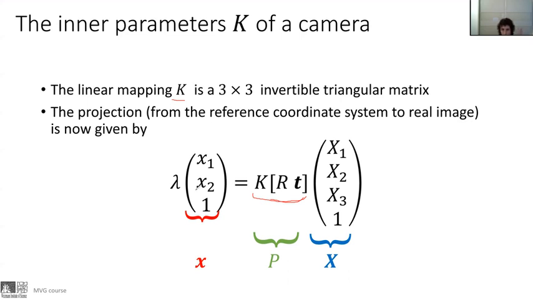And now the small x, the projection in the real image, is P times X, where the camera matrix P now is K times R times T. And let's characterize the degrees of freedom of K.